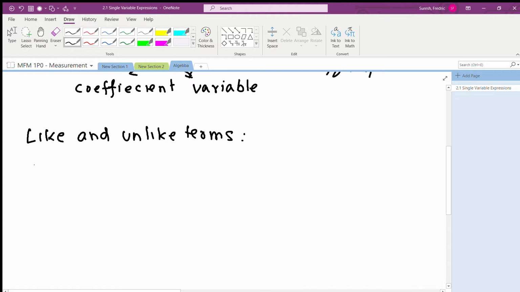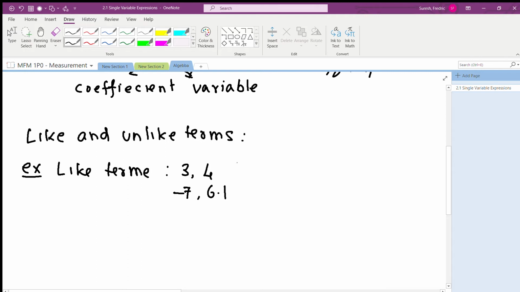Okay, example for like and unlike terms. Examples for like terms, which means these terms are similar to each other. An example would be, say, 3 and 4 are like terms. Why? Because they're both numbers, just numbers only. In the same way, -7 and 6.1 are like terms.